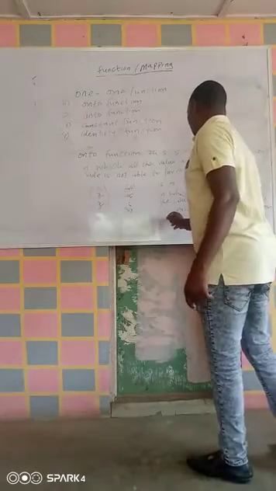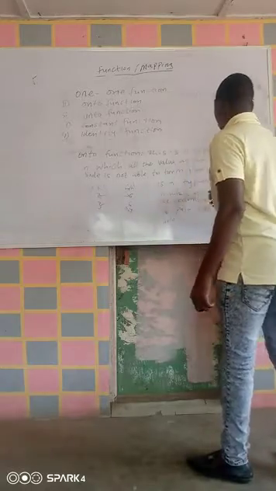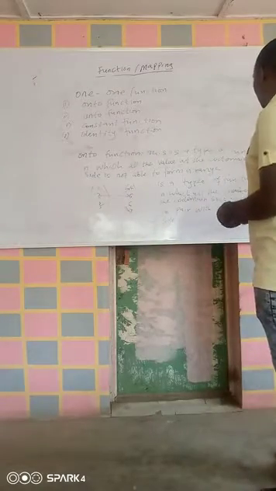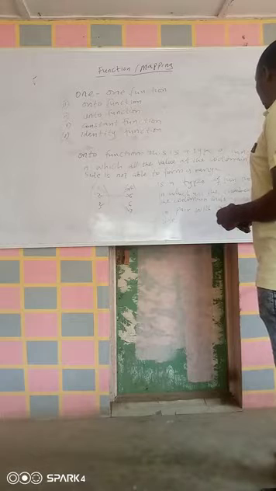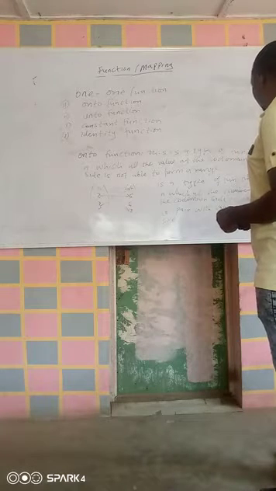Okay? Domain side. So it's a type of function in which all the numbers at the codomain are unable to pair with a value at the domain side.